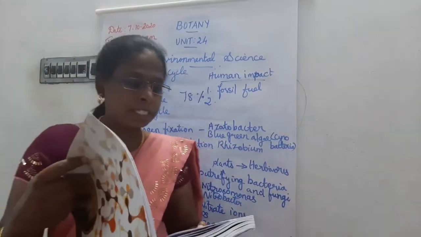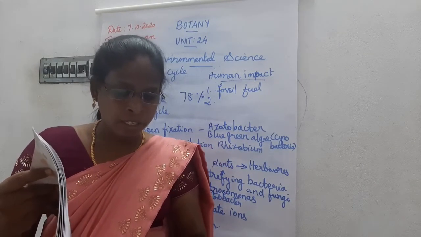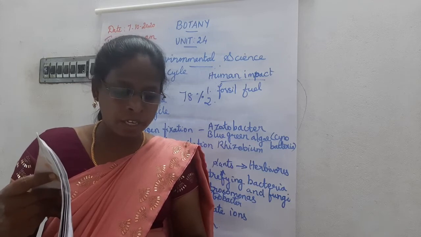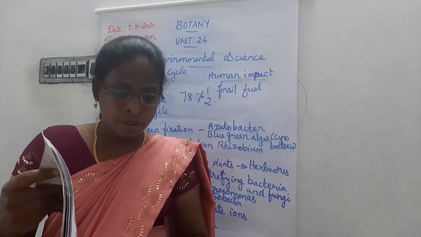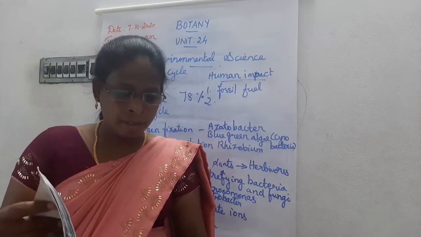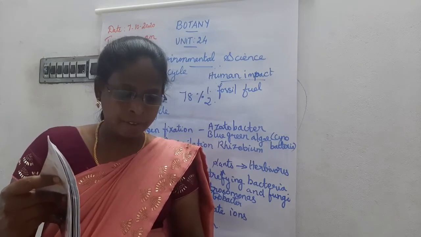Choose the correct answer. The first two questions you marked last class. Third one: the atmospheric carbon dioxide enters into the plants through the process of photosynthesis.